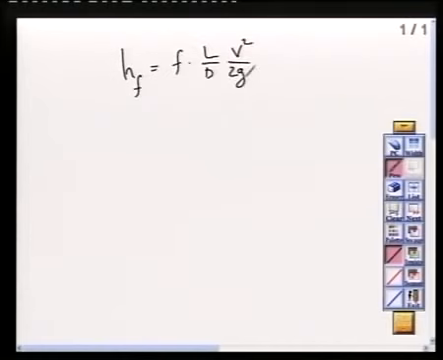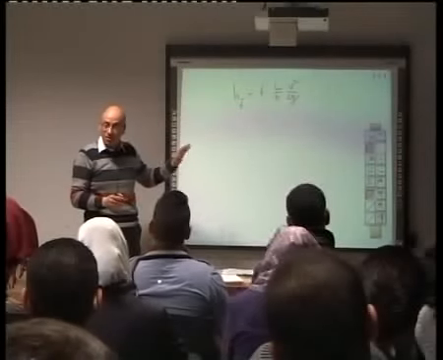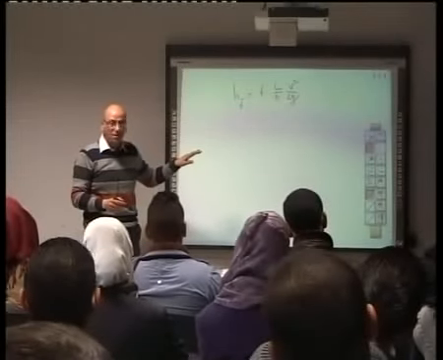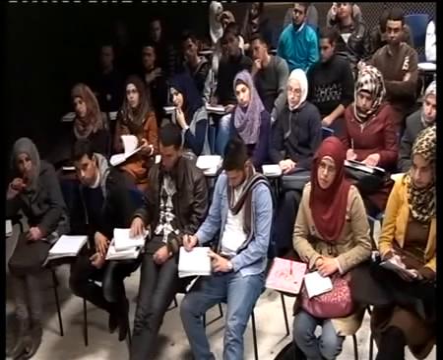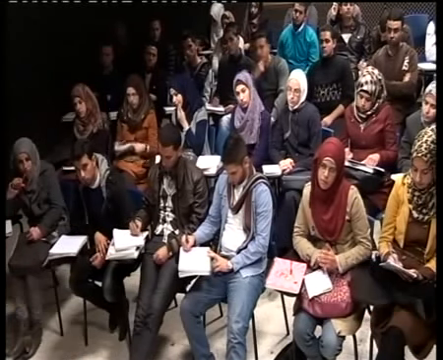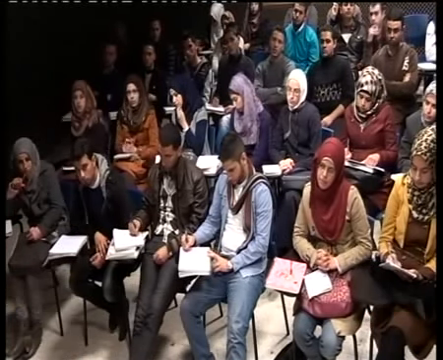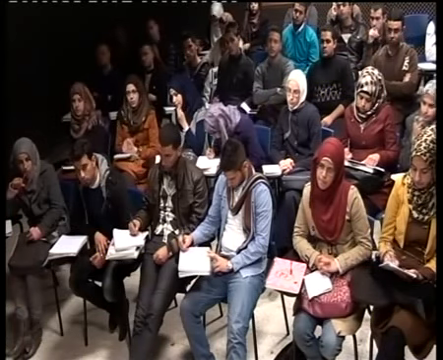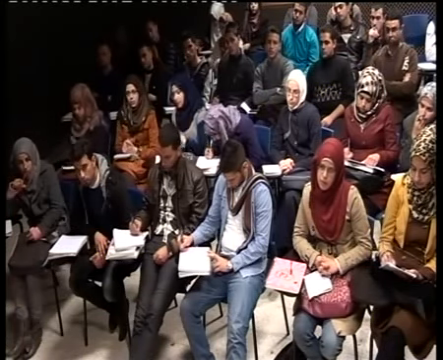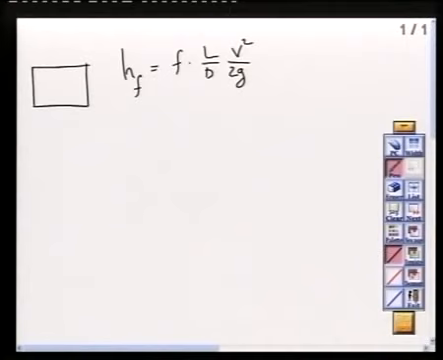Now, this equation in this form is applicable to what kind of cross sections? Circular. Why? Yes, right, diameter. But how can you really use it for non-circular pipes? For example, I gave you a pipe, a conduit like this. How do you really use that equation for that case?